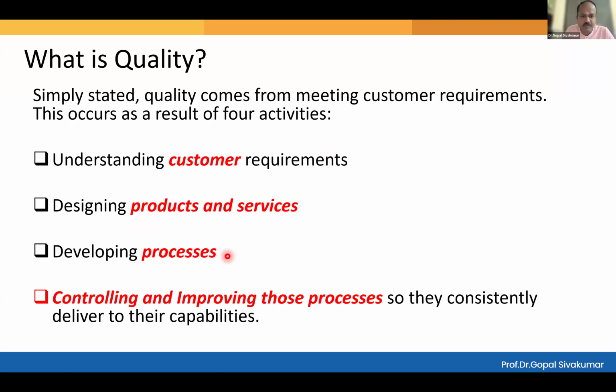Develop the process. Why must a process be developed? Why not we produce the parts without a process? If you produce the parts without a process, then consistency will be a big problem. The quality of your first product and the quality of your nth product should be the same, should be close to each other. You can't say, sir, I produced 10,000 parts, so every 100th part there will be a problem.